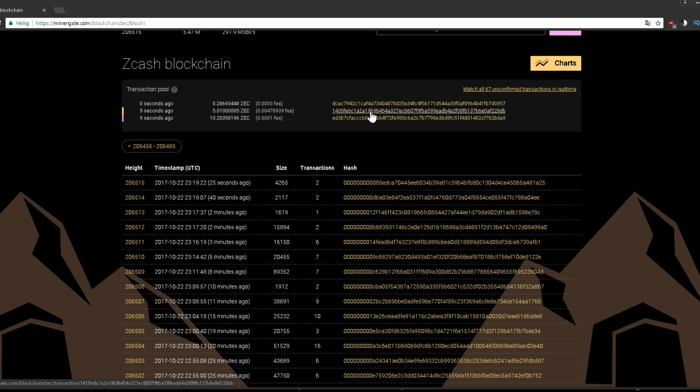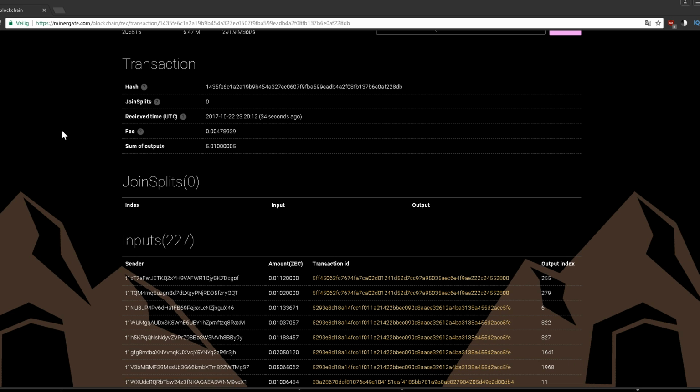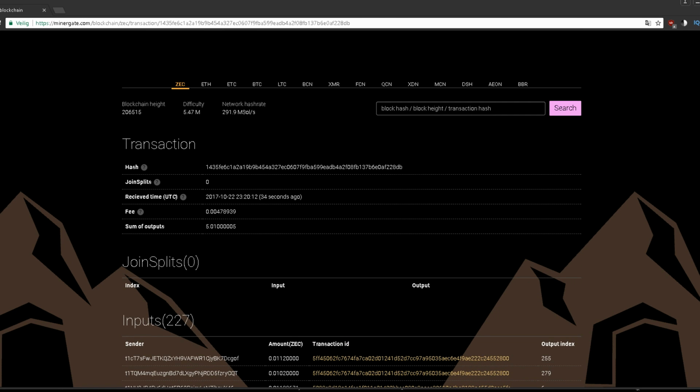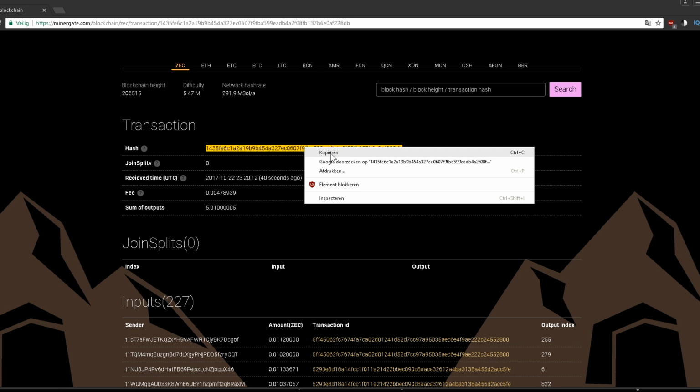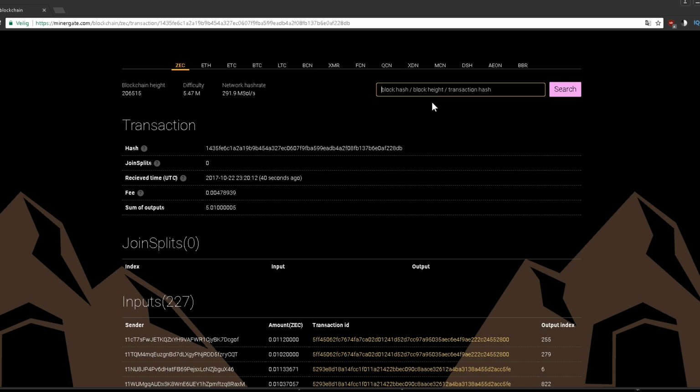And we can click on this just as an example, and we see the hash ID, and this is important to look it up, so I just copy that, and if everything is correct, if I paste this here, we see the exact same page. Yep. Alright.